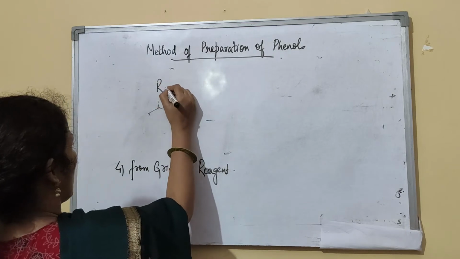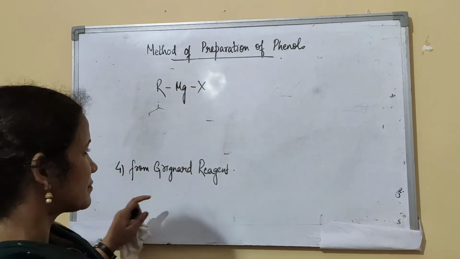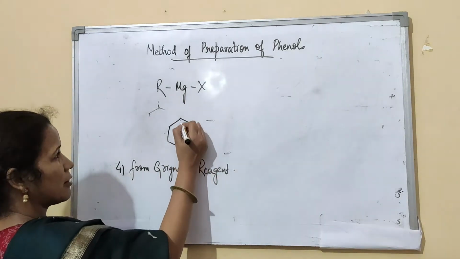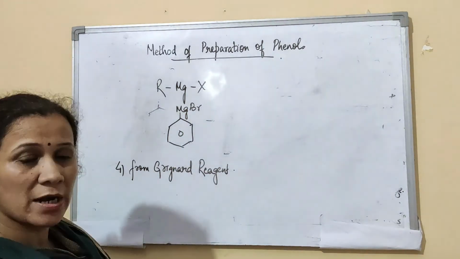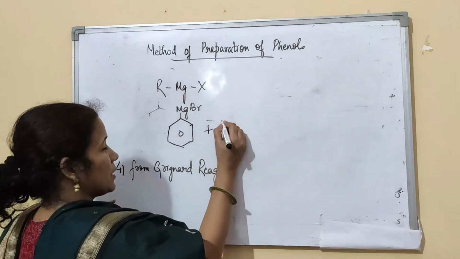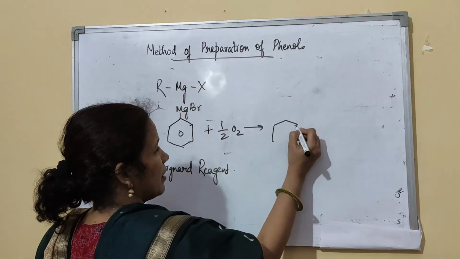So we can write RMgX as Grignard reagent. So instead of this R, we can take an aromatic Grignard reagent, MgBr.